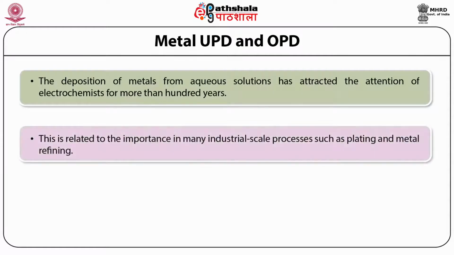This is related to its importance in many industrial scale processes such as plating and metal finishing. Underpotential deposition and overpotential deposition of metal have found a great deal of applications as far as the role of electrochemists is concerned, and this is being utilized in this technique very extensively.